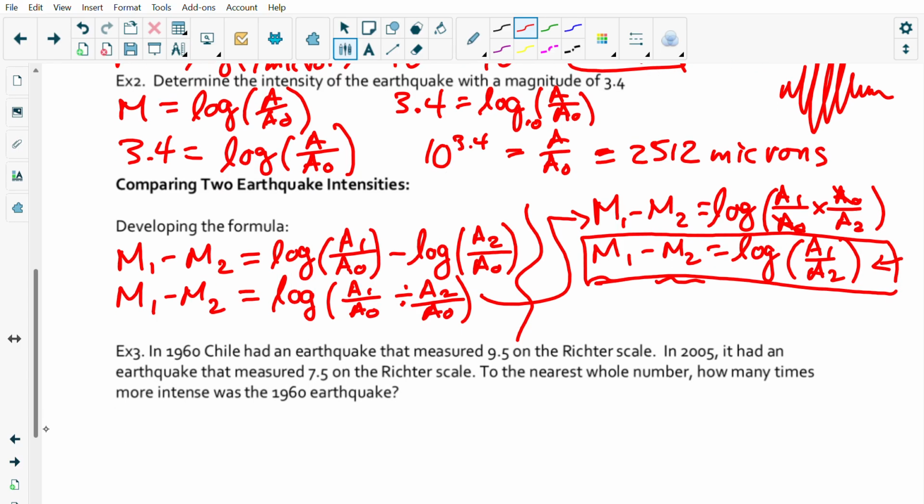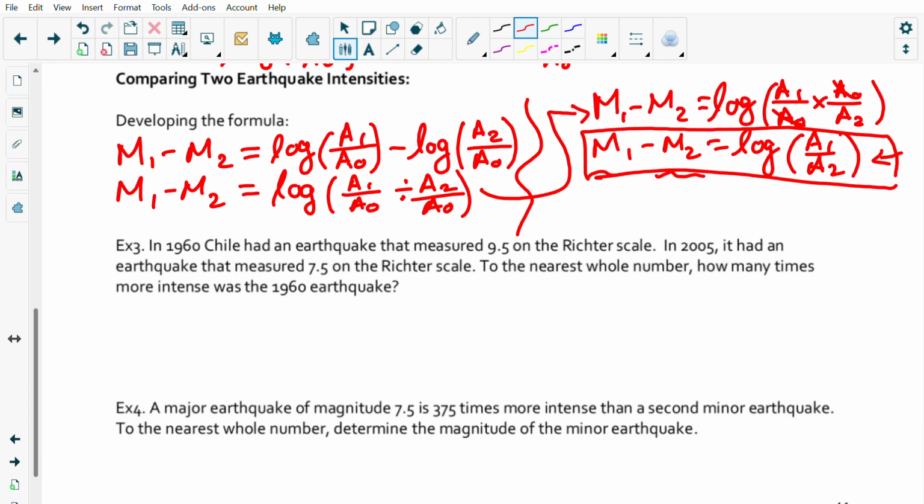Example 3. In Chile, 1960, let's call this A1, had an earthquake that measured 9.5 on the Richter scale. In 2005, it had an earthquake that measured 7.5 on the Richter scale. So let's call this A2.